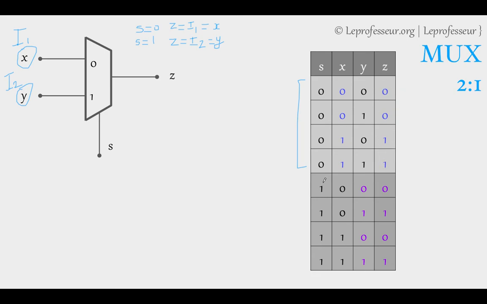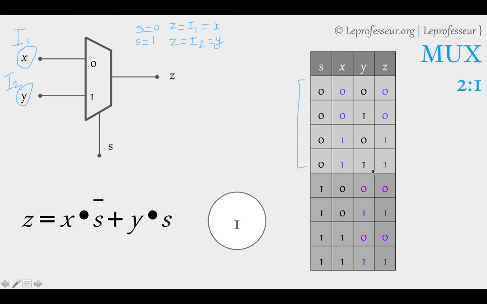In the same way, when S is 1, whatever is on the Y line, or the second input, will go on to the output. All right, and we can represent its characteristic equation. The output would be X dot S bar plus Y dot S. Very simple. Now, how can we use this 2:1 multiplexer to create different logic gates?